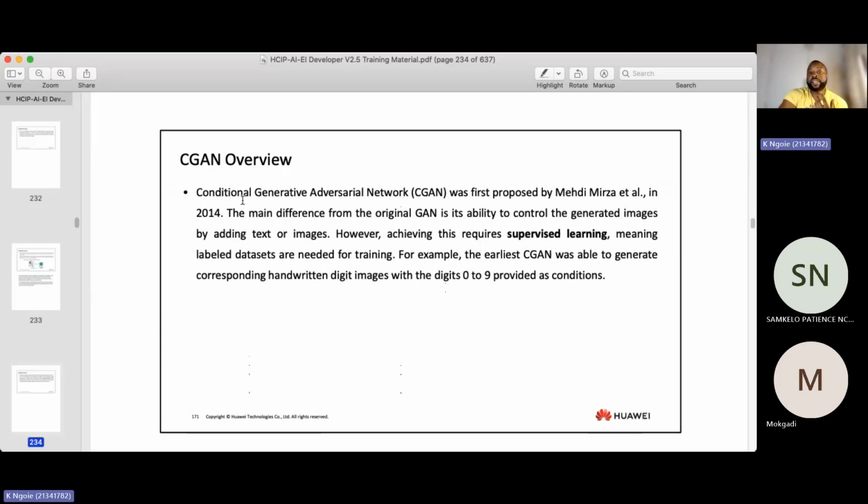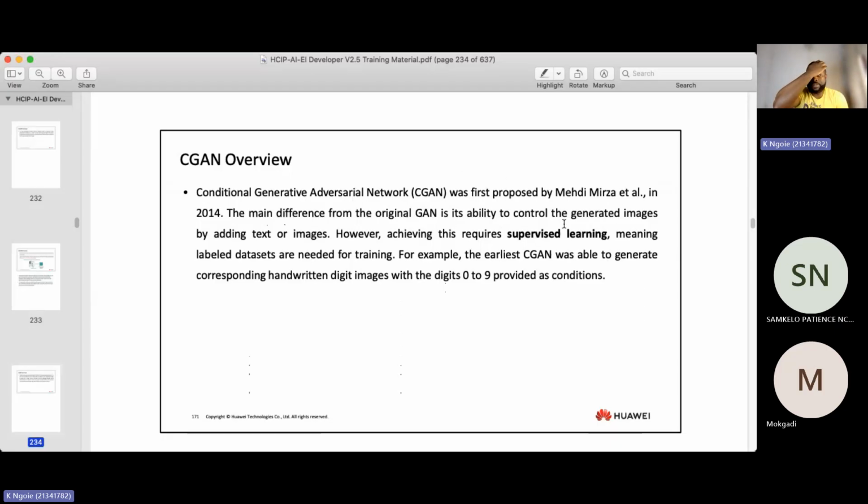So in the CGAN, the model is trained with conditions such as labels. So we have class information, text descriptions, and certain attributes like color, type, shape, everything. So when generating data, you can tell the machine to generate a certain type of data.